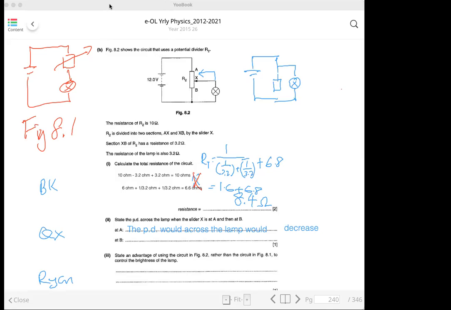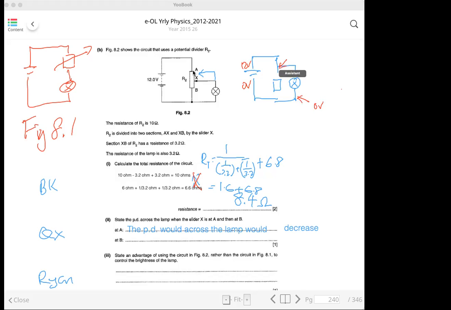Okay, so when the slider goes to A, are you convinced that at the top here is 12 volt, and this is 0 volt? So can you see here? The bottom point here is 0 volt.